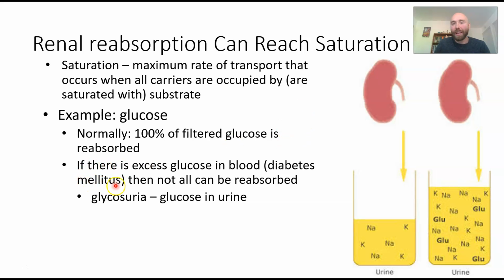So there's some kind of issue if you do find glucose in there. And the reason that you would find glucose in there is because reabsorption is a transport-mediated process. It requires channel proteins to move stuff in a particular direction, and those channel proteins can basically be overwhelmed if there is too much substrate to move.